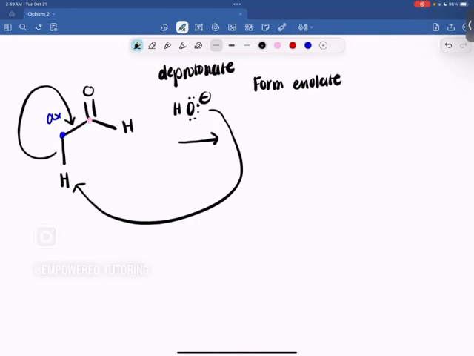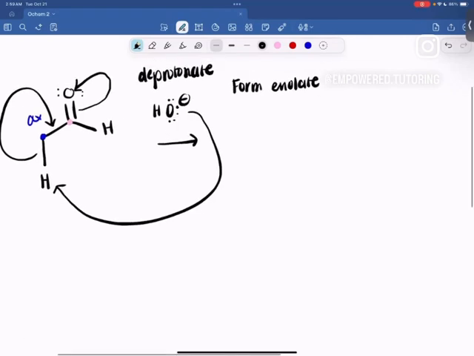We can't have five bonds on the carbon, so the carbonyl pi bond is going to break and move its electrons up to the oxygen. The carbonyl oxygen is going to become negatively charged due to the extra electrons.